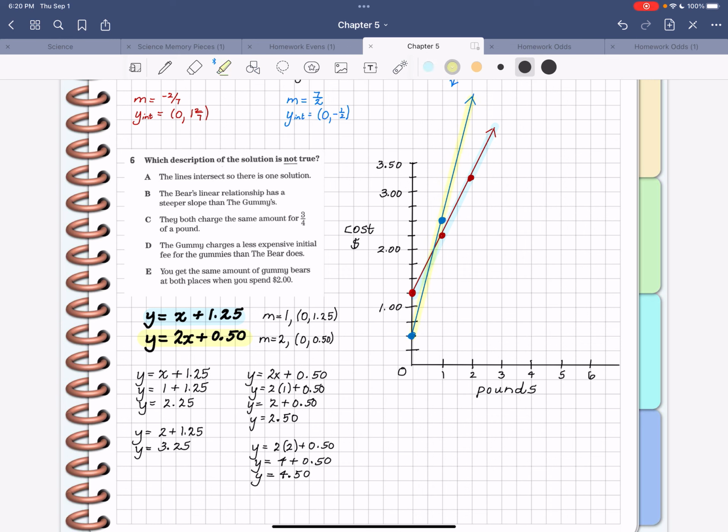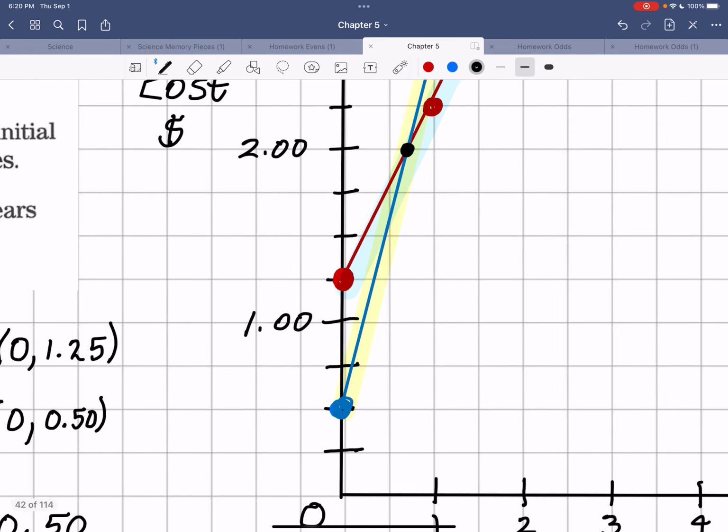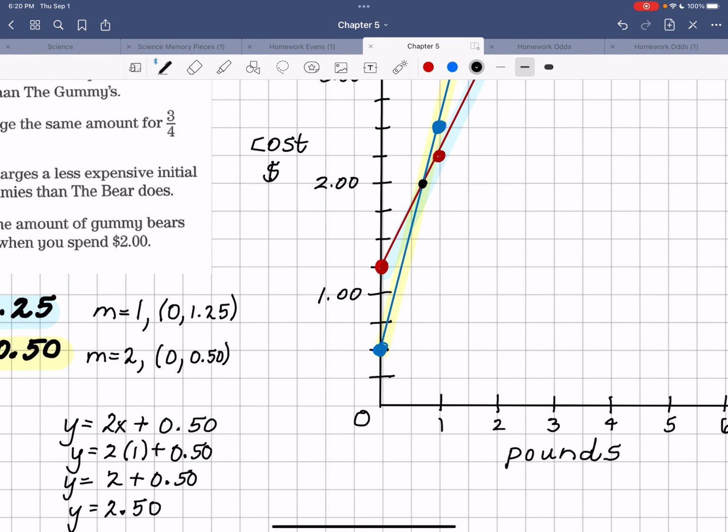What I am looking for is where those two intersect. Where do they come together? And that's going to be right here. So the solution to this equation is where that intersection occurs.